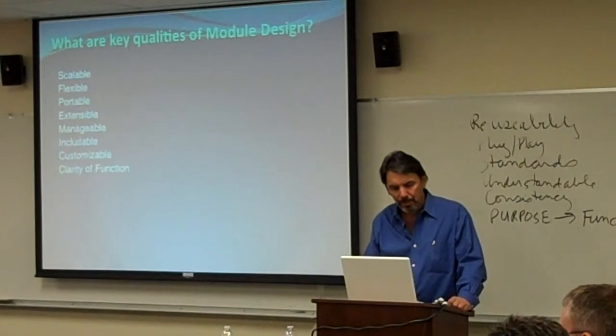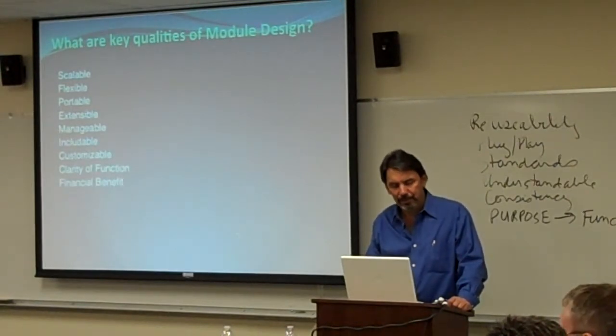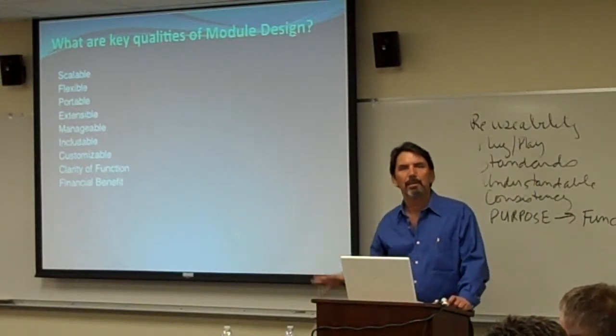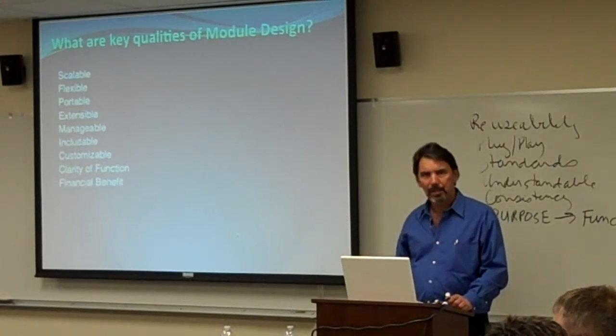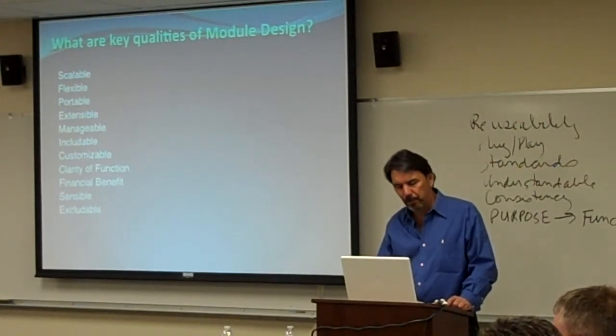Customizable. Clarity of function. Has a financial benefit. You know, you can define it and price it in a separate way, so you add on modules in a certain way or add on features. It's sensible, it makes sense, and it's excludable. It enhances performance.